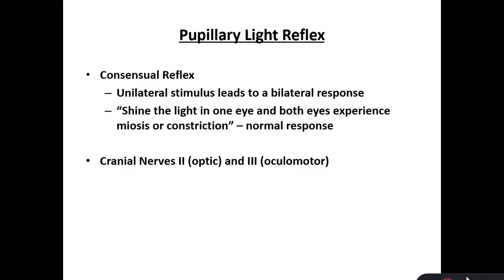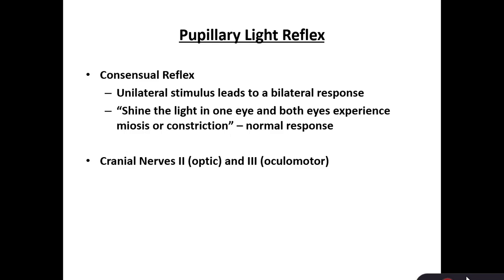So if you shine the light in one eye, both eyes constrict. The pupil of both eyes constrict, and this is the normal response.